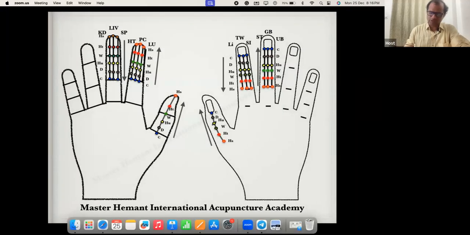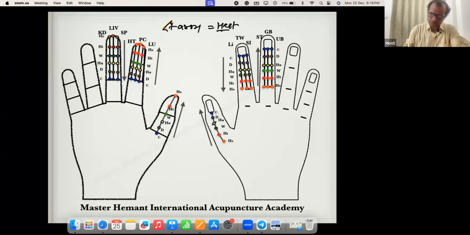So step number one, we are choosing the left arm. Means heat. So let's choose the SI meridian. Step number two, left elbow to wrist area. Again heat.